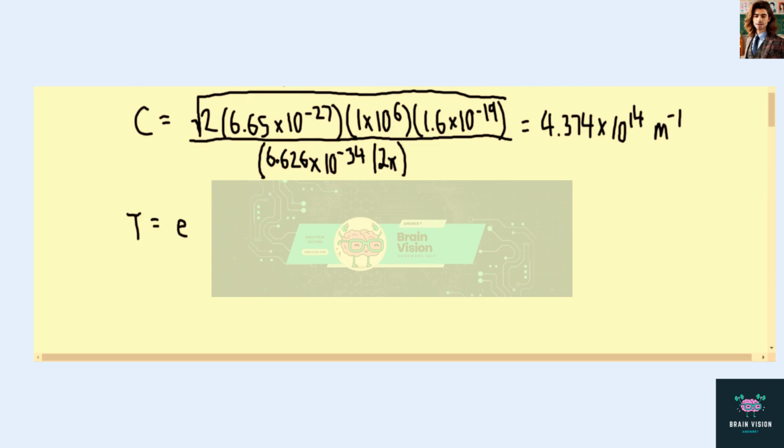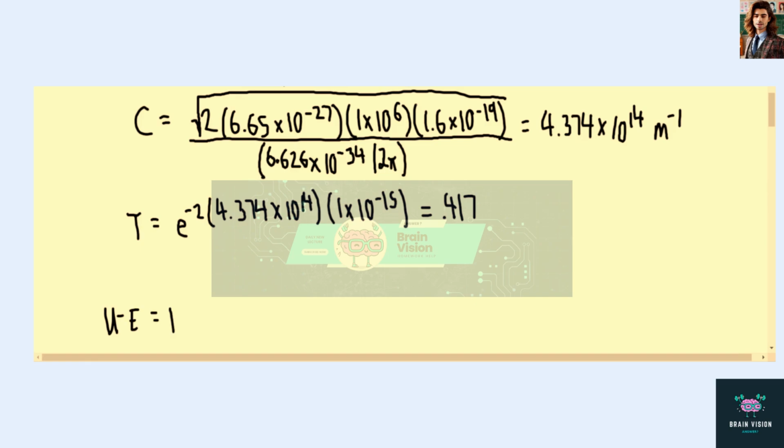So now, when we substitute in e to the minus 2CL, we substitute C and L, and we get 0.417.